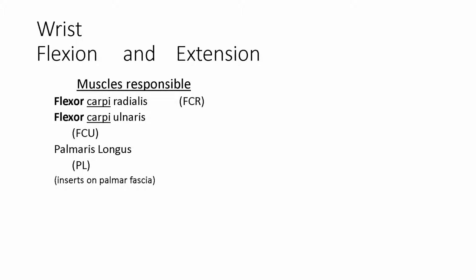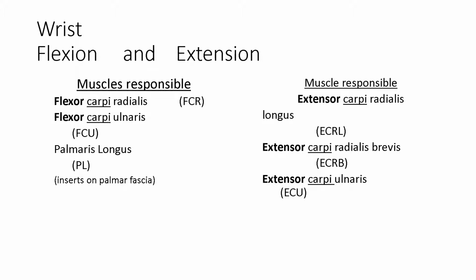The flexor side muscles are going to be located on the palm side or the front surface of the hand and arm. For extension, we have the extensor carpi radialis longus and extensor carpi radialis brevis, as well as the extensor carpi ulnaris. Now I want to draw your attention to the names of these muscles. Makes them pretty easy to recall and to know what they do.